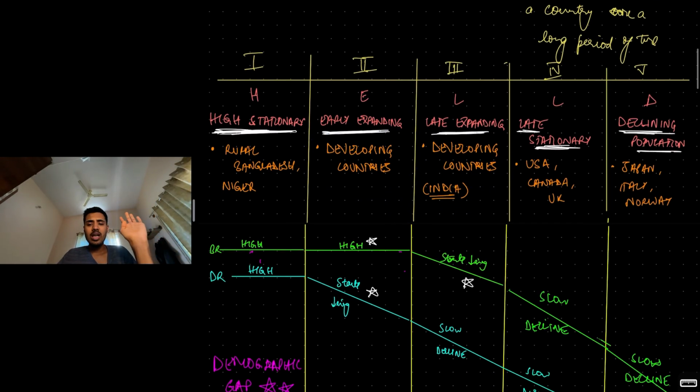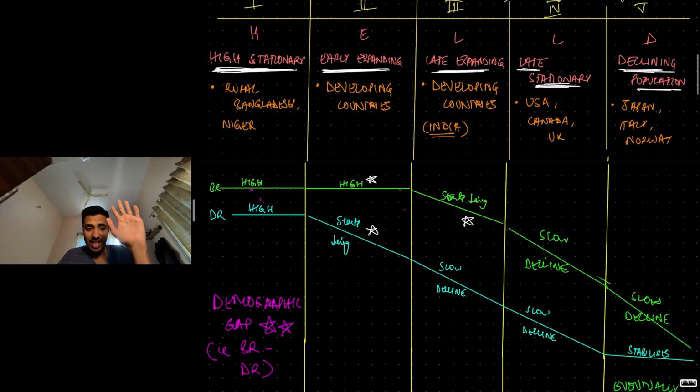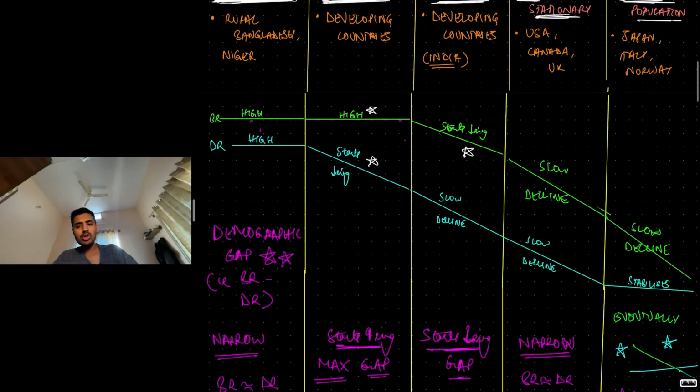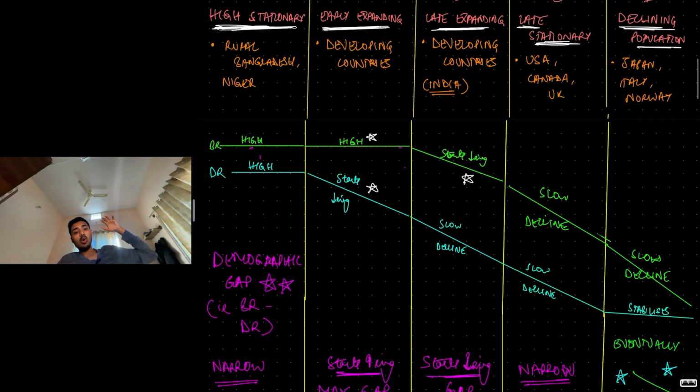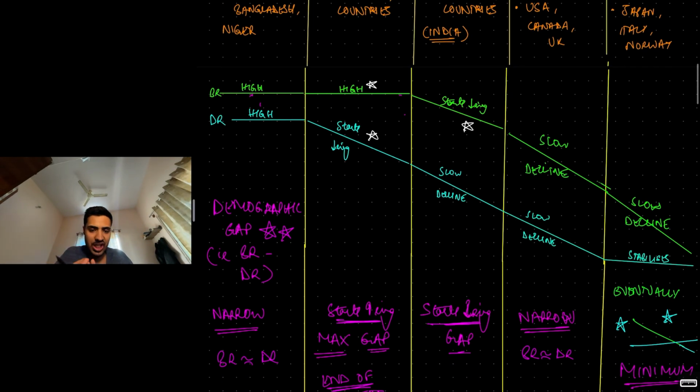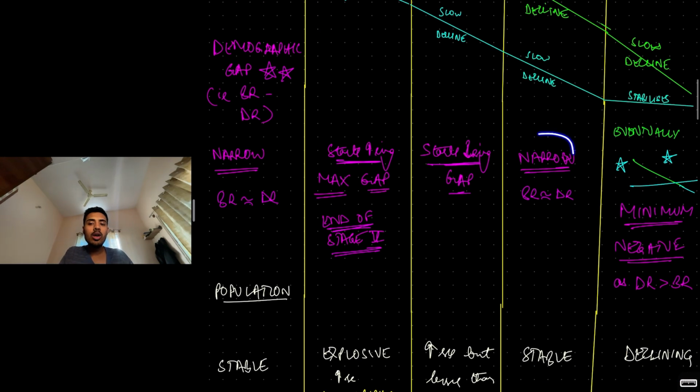Next, coming to stage 4, late stationary. Here death rate is on slow decline, birth rate is also on slow decline, and birth rate is pretty much equal to death rate. Understood? So if both have declined, but both of them are pretty much equal, what has happened to the demographic gap? It has once again become narrow, just like stage 1.